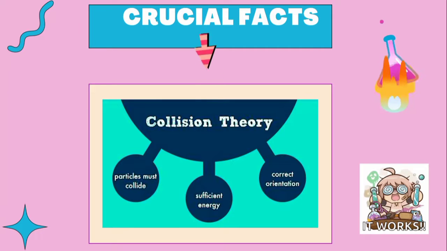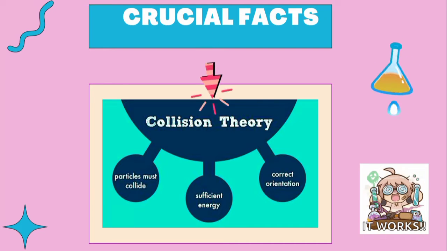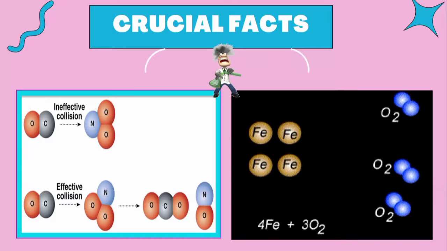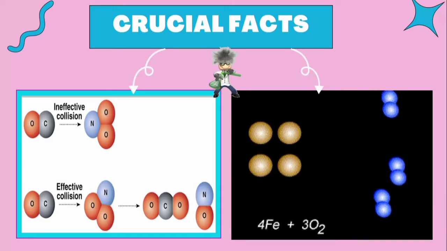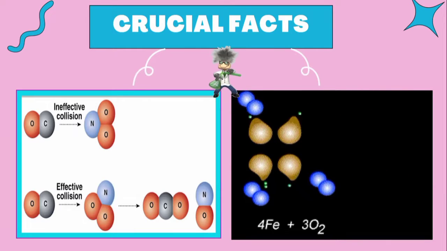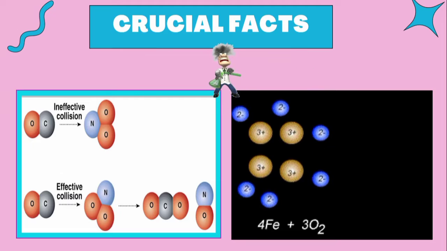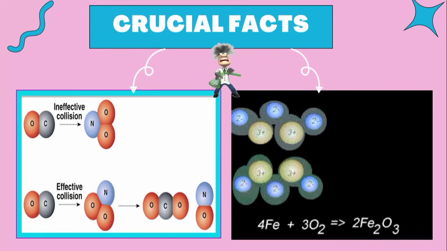1. The reactant molecules must collide with sufficient energy, which is equal to or greater than the energy barrier, and they must collide in the correct orientation for the collision to be effective. An effective collision definitely results in the formation of products, while an ineffective collision does not result in the formation of products.